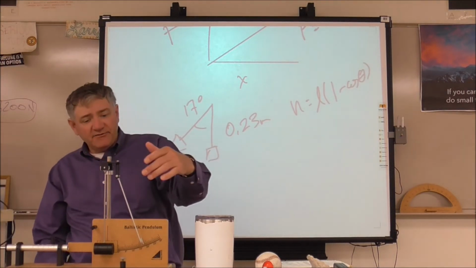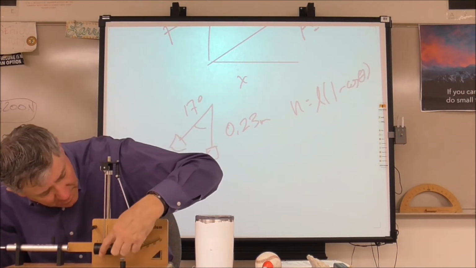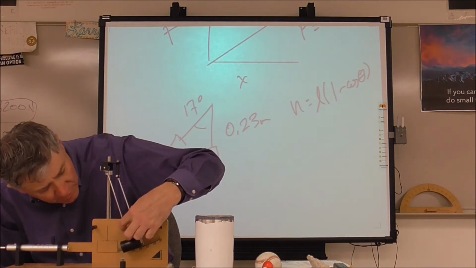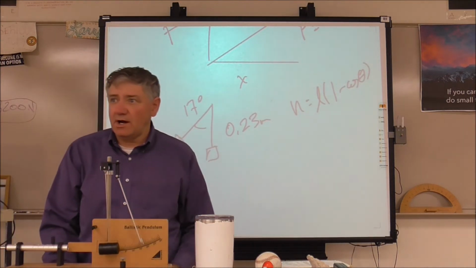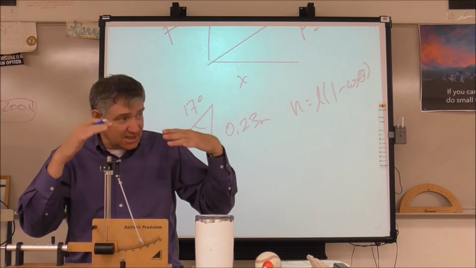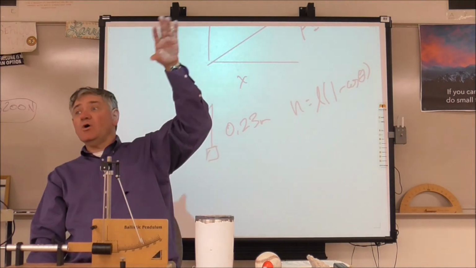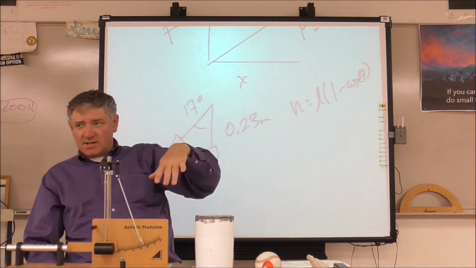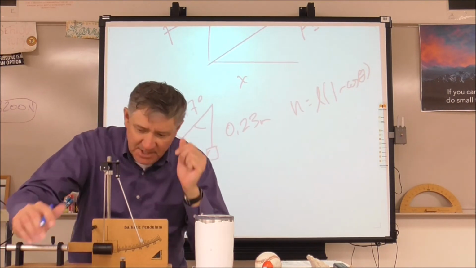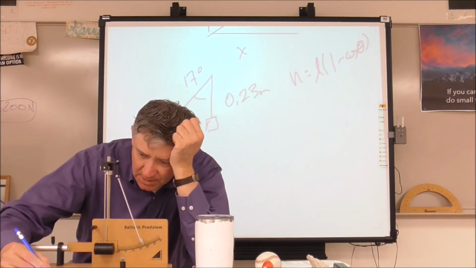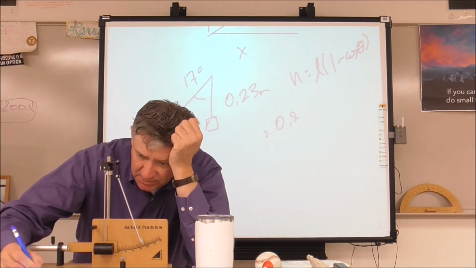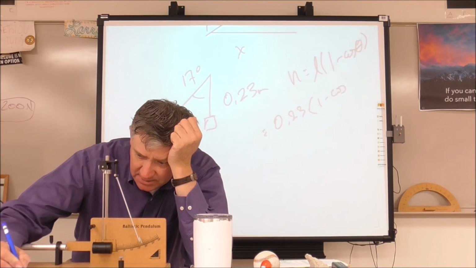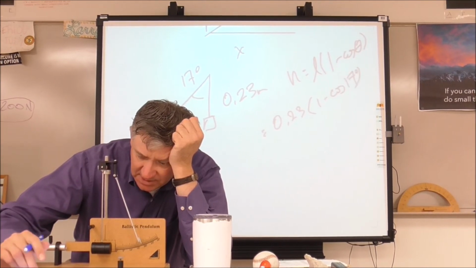Okay? I can figure out the height that it moved to when it swung up. Okay? Then once I get that, then I go, oh, that's potential energy. Oh, that has to equal the kinetic energy at the bottom. So Tanner, do us a favor. Take 0.23 times 1 minus cosine of 17 degrees.